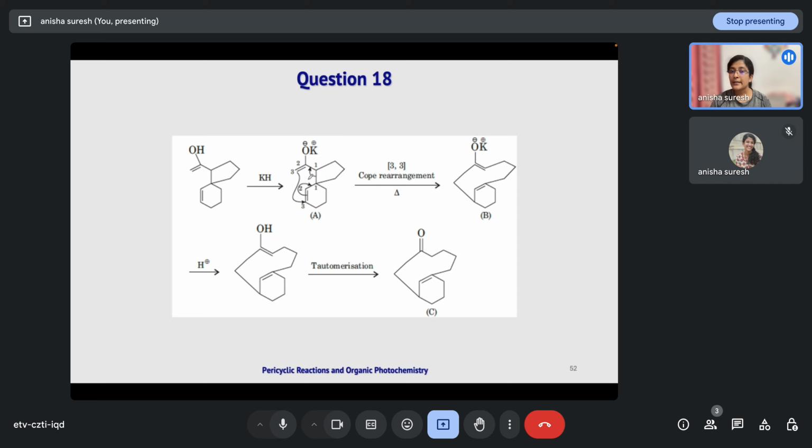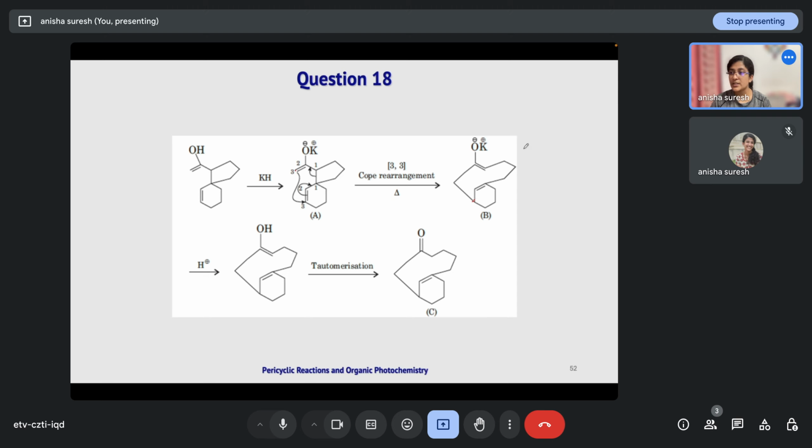Then under thermal conditions it will undergo a 3,3 Cope rearrangement. So 3 2 1 1 2 3. It will undergo a Cope rearrangement resulting in the formation of this system. This bond will be broken, this double bond will shift here, and a bond will be formed between this carbon 3 and this carbon, and this bond will be shifting to this position.